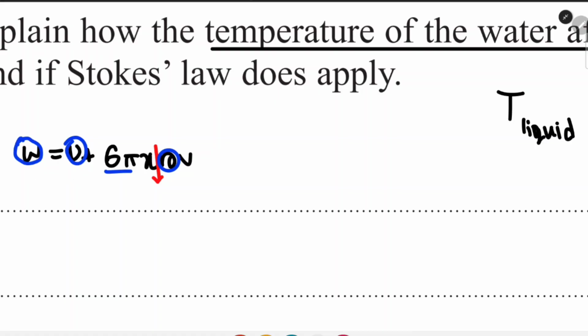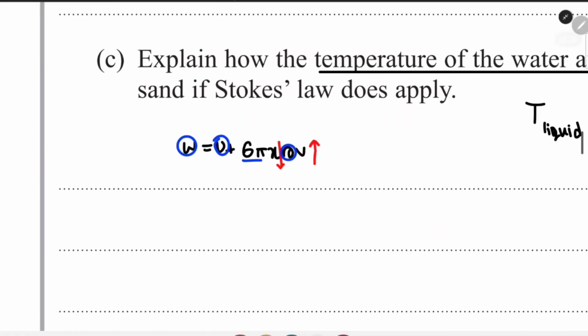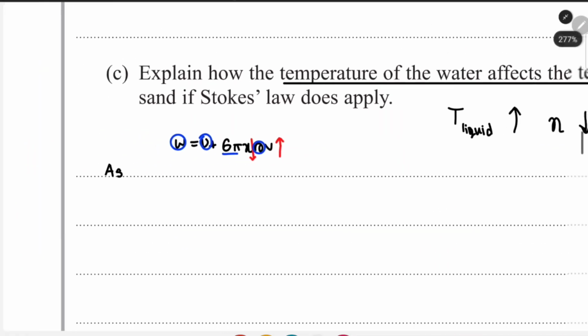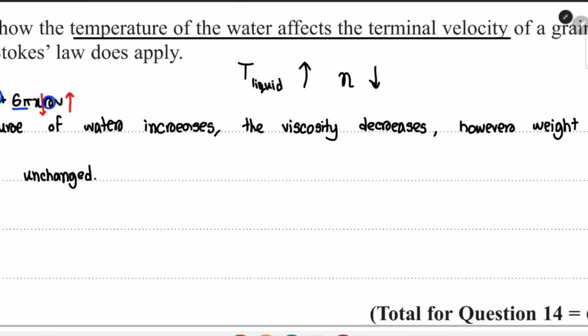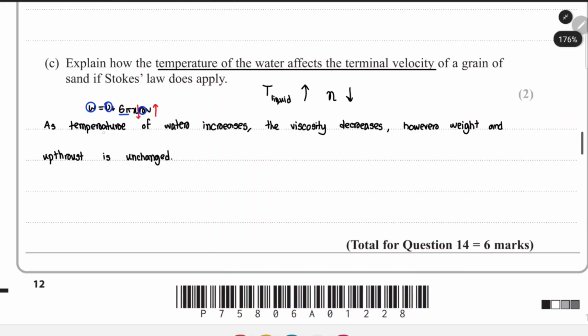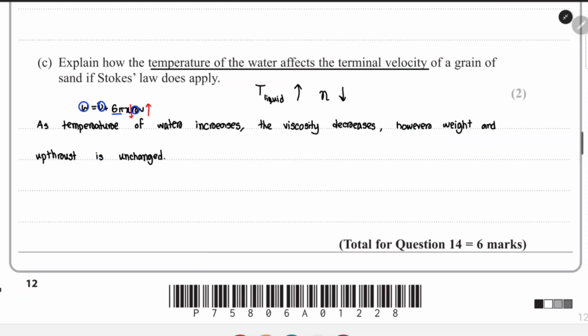So I'll mark the constants in blue. The thing that is changing is the viscosity, which is going down, but for everything else to stay the same, the terminal velocity must also increase. So as temperature increases, the viscosity decreases, whereas the weight and upthrust are unchanged.